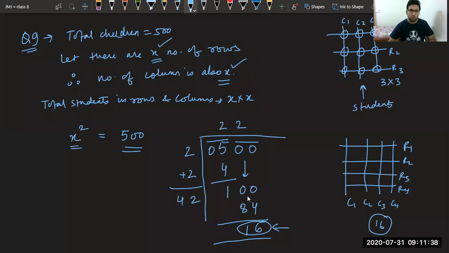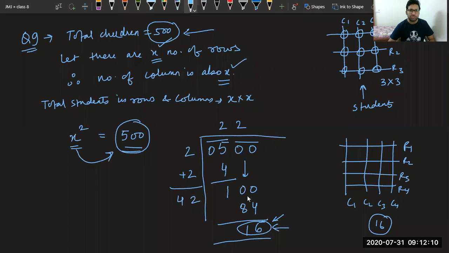Now Sarthak, you are asking from where this 500 came. We have total how many students? 500 students. So our arrangement should accommodate these many students. But when we checked, we found that 16 students will be left behind. I hope you are getting this now, Sarthak. So again, I'm repeating this. We had 500 students.